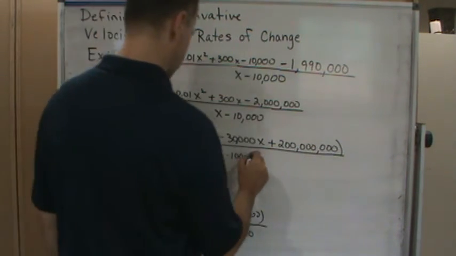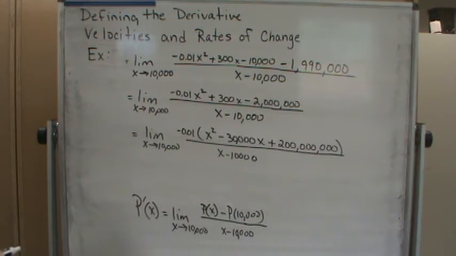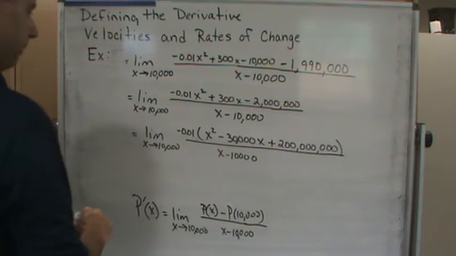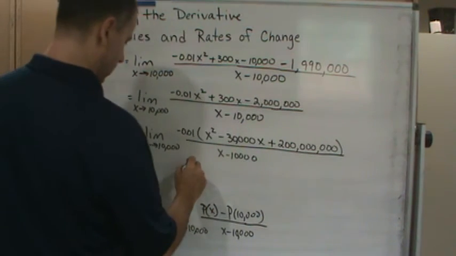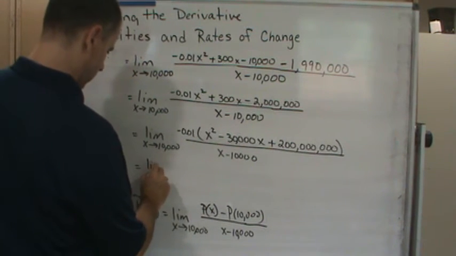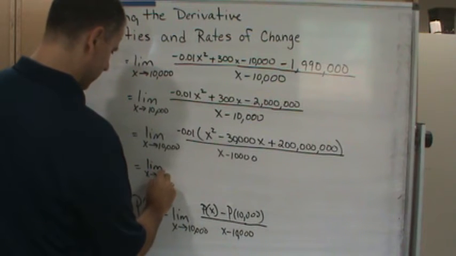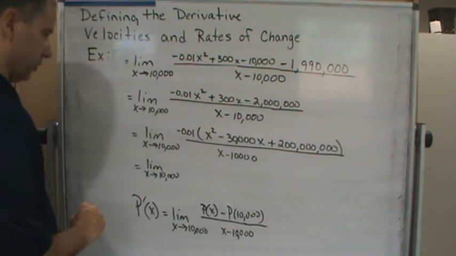Is that right? Let me see, 2 million. And now this should factor out, just like the other one. And again, some of these are not as easy to do.